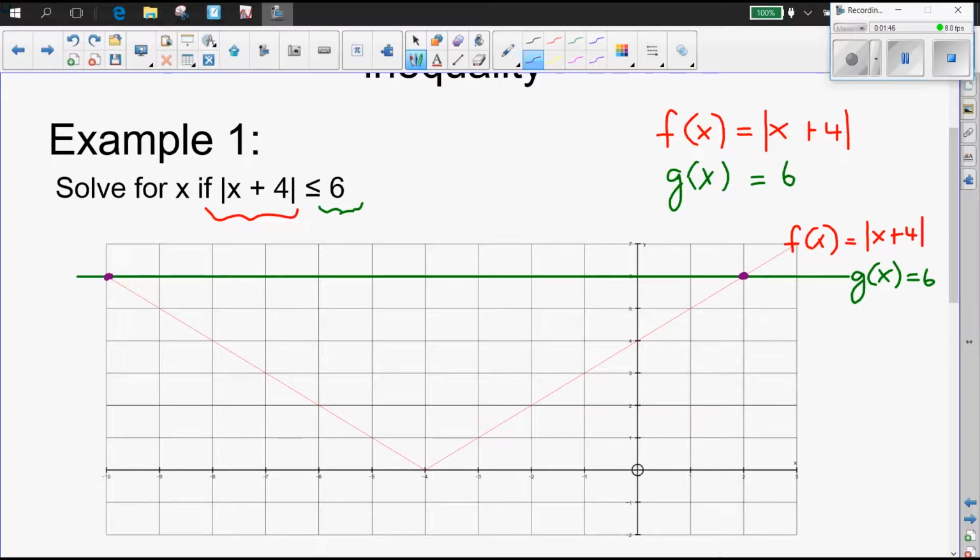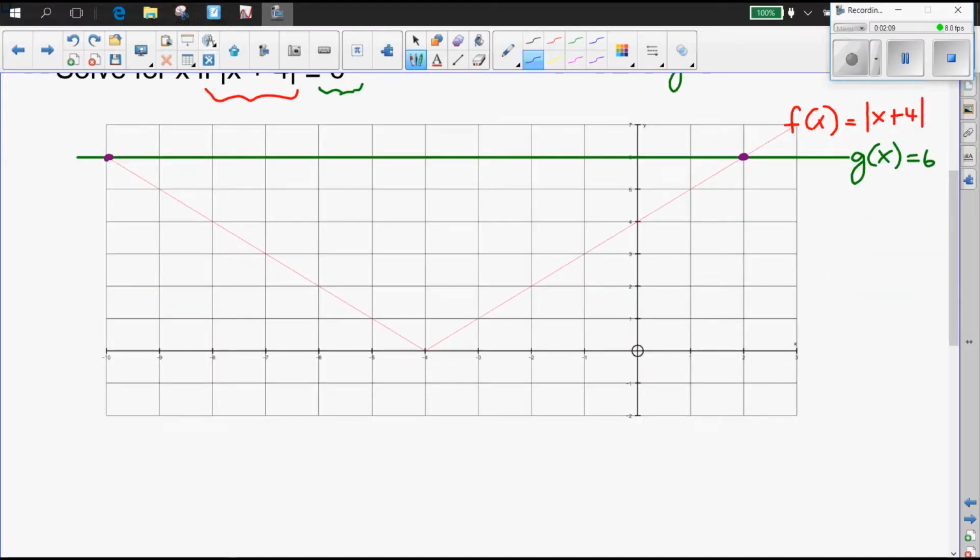So the absolute value graph's y values will be larger than 6 for all values of x greater than 2, and similarly for all values of x less than negative 10. So our solution is the x values that lie between negative 10 and 2.